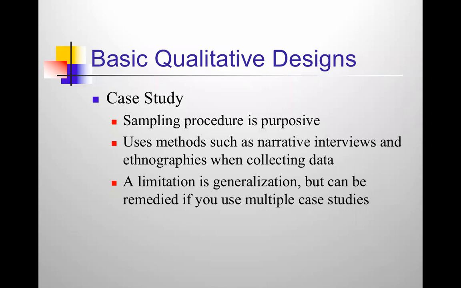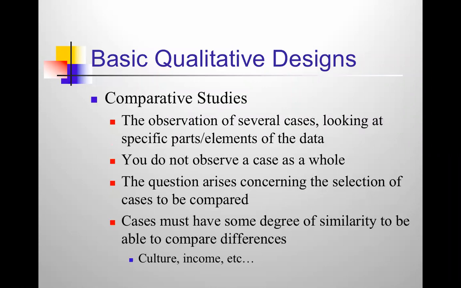The limitation is generalization, which is not really taken into consideration, at least generalizing to a lot of people, when using case studies. But if you use multiple case studies, then that will build a pattern that might develop into a theory, which is what we're really talking about here with generalization.